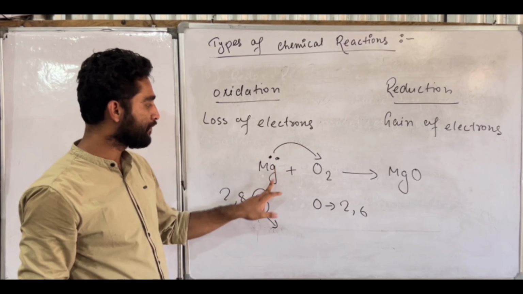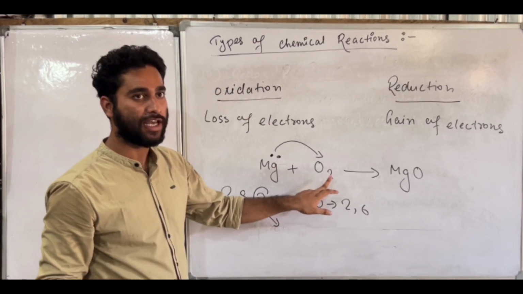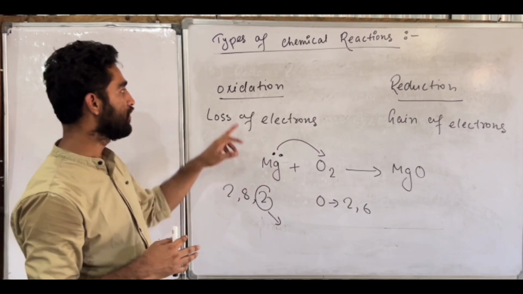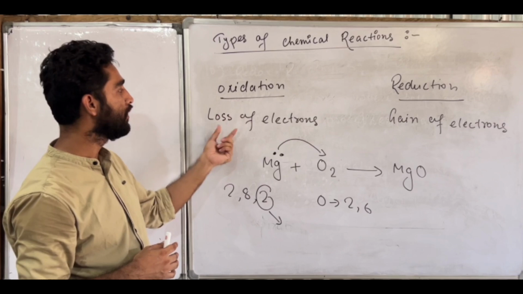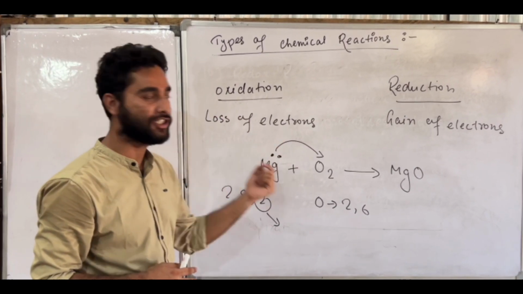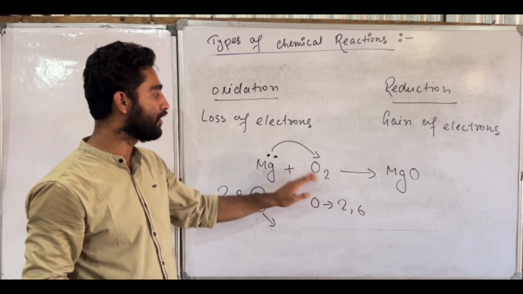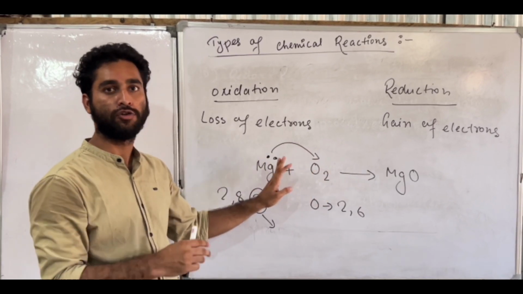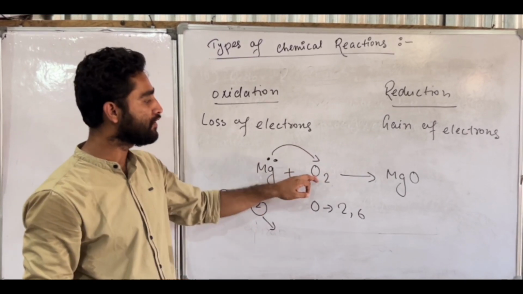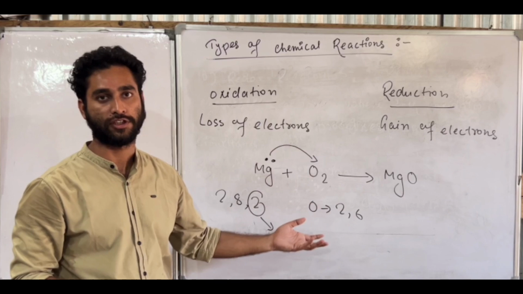Here the magnesium donated the electrons and the oxygen accepted the electrons. What is the definition I told? The loss of electrons is called oxidation and the gain of electrons is called reduction. So in this reaction, both gaining and losing took place simultaneously. So it is also an example of the redox reaction.